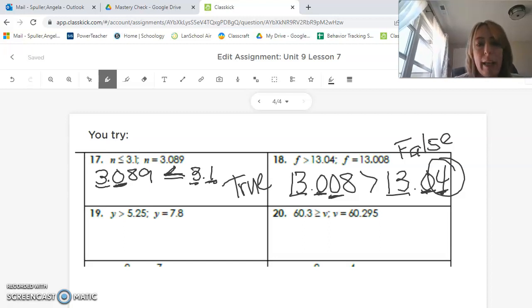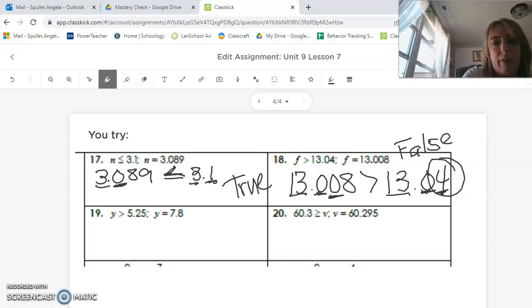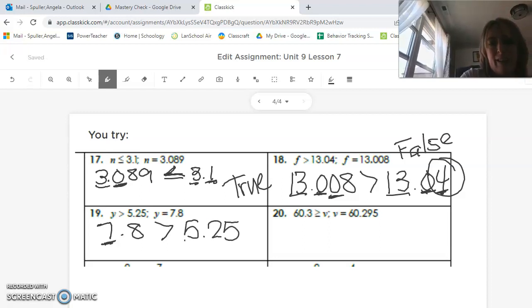Okay, 19. Y is greater than 5.25. They say y is 7.8, greater than 5.25. 7 is definitely greater than 5, so this is true.